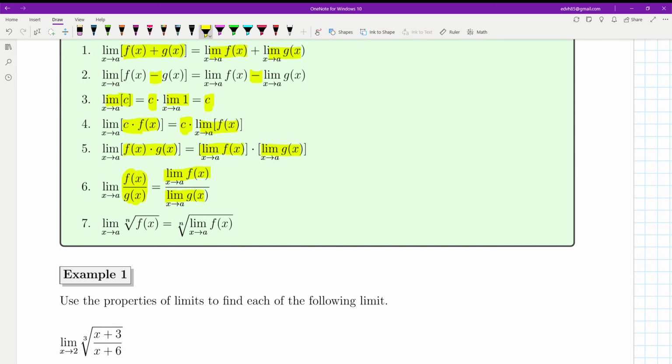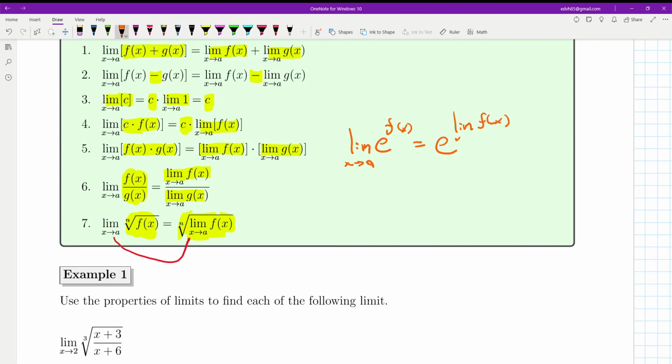Another property that we haven't done before is when we have radicals. When you have the limit of a radical function, the limit symbol can go inside and instead we take the nth root of the limit of the function. And of course, there are more intuitive properties of limits. For example, the limit as x approaches a of e to the f of x is e to the limit of f of x.